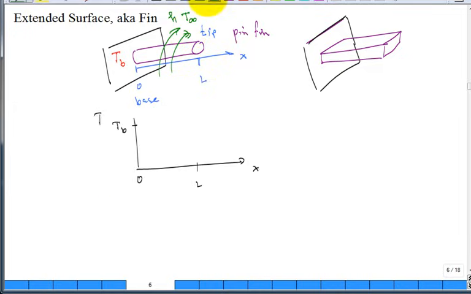So let's put that we have a hot fin, and so here is T infinity. What does the temperature profile look like in a fin? Well, it could look in a lot of different ways. It could look something like this, where it just goes down and stops. It could look something like this.